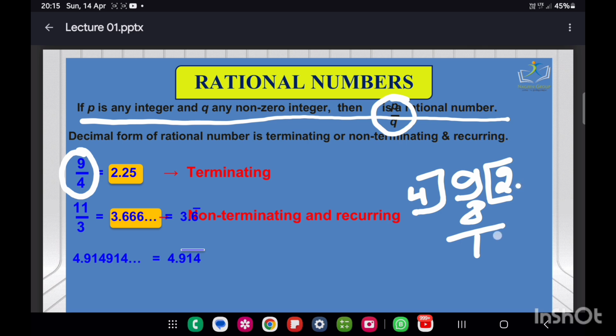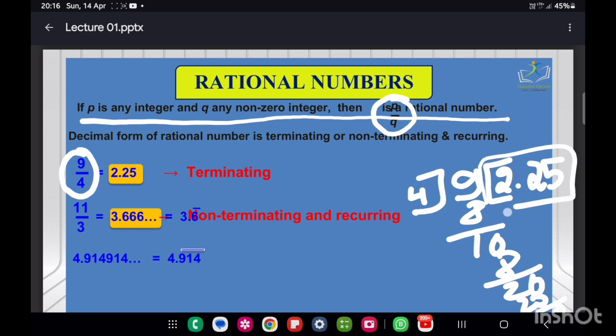We put a decimal point and take 10. 4 twos are 8, 2 is remaining, we take 0 here. Then 4 fives are 20, and we get 0 as remainder. So 2.25 is the answer here.